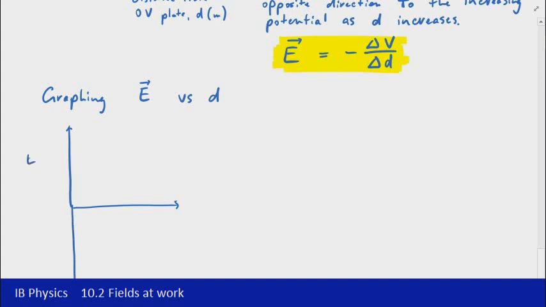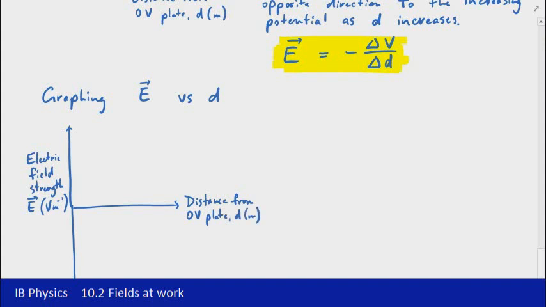And so on the vertical axis we'll have electric field strength, quantity is E, and it's measured in this case in volts per meter. Remember that the other units that we could use for electric field strength are newtons per coulomb, and it's still going to have the distance from the 0 volt reference point on the horizontal axis, and that's still going to be D, still measured in meters.